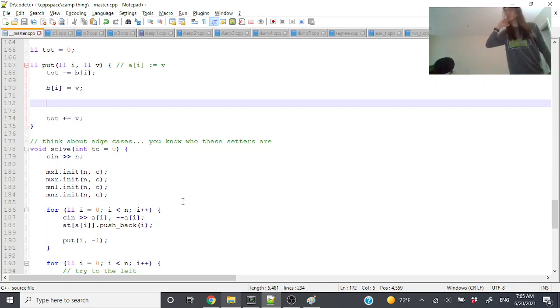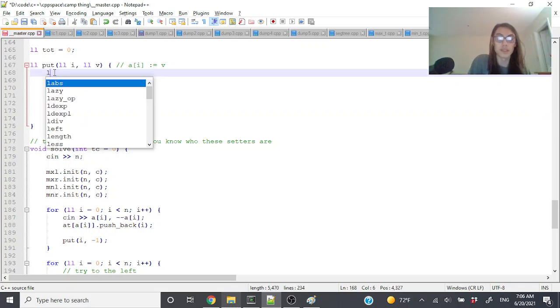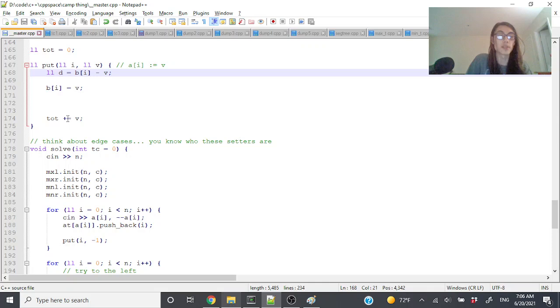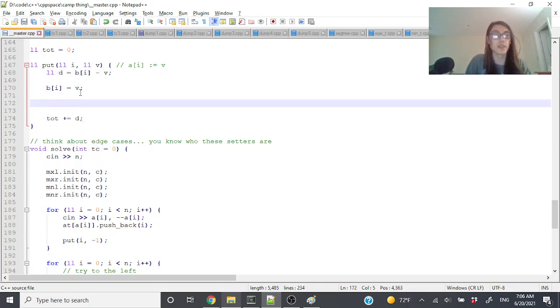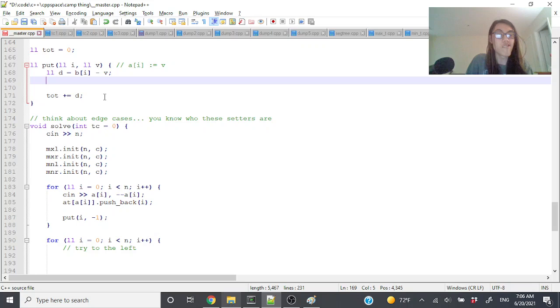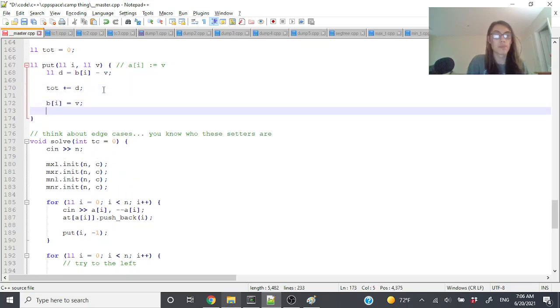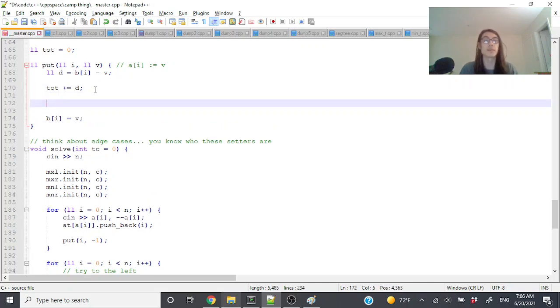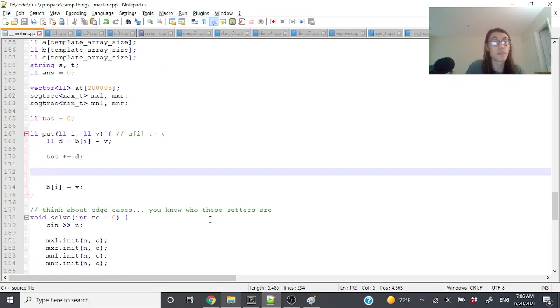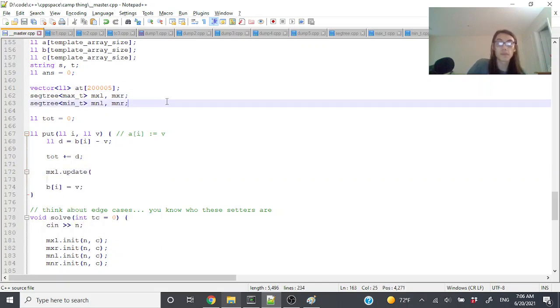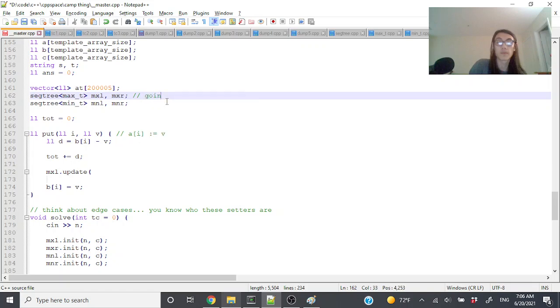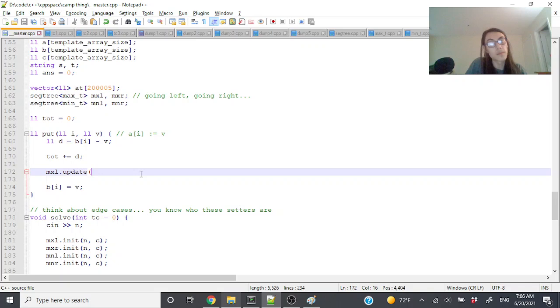So now when we update this, let's see. Actually, let's start with this. The difference is equal to b[i] minus v. How much does this element change? Then tot plus equals d. And we can do the updating here. mxl.update.